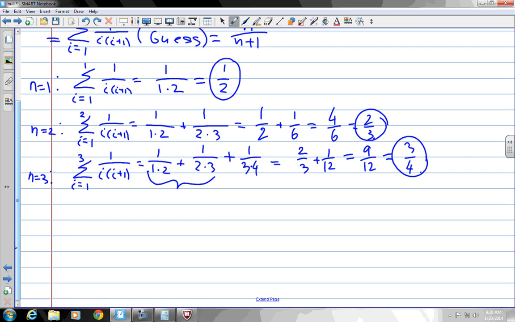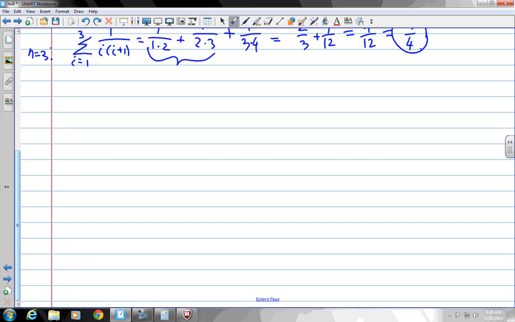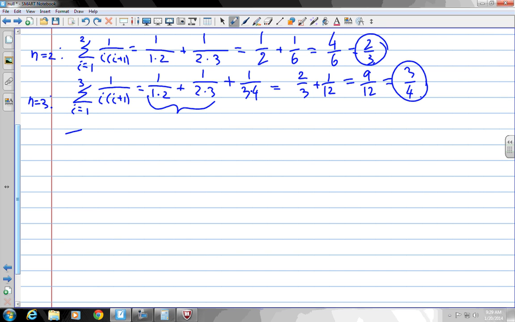But just to make sure you understand our guess, this means now if I ask you what is the sum from 1 to 10 of these guys, you will say 10 over 11. Hopefully. This is the guess, right?